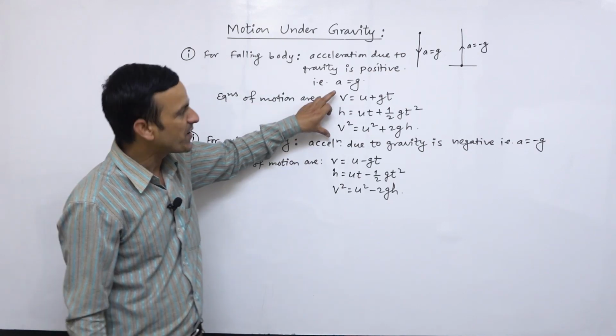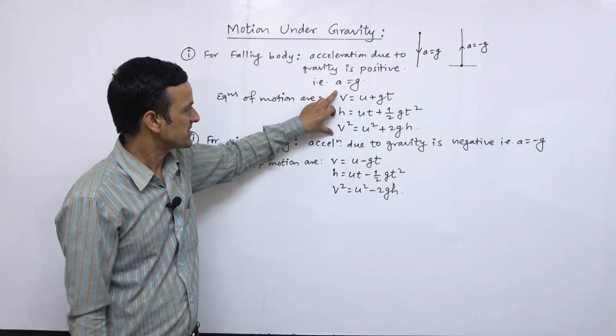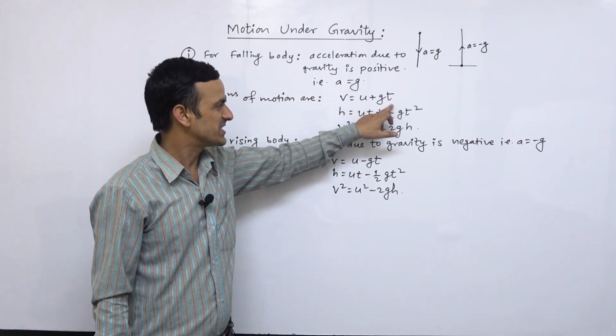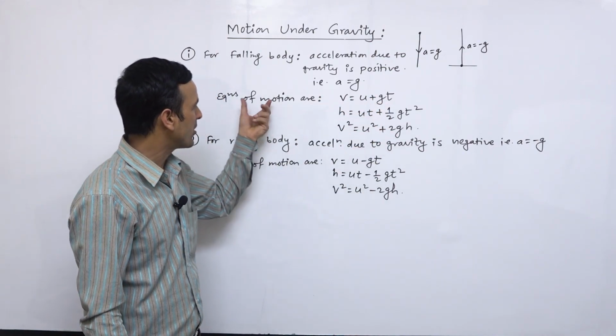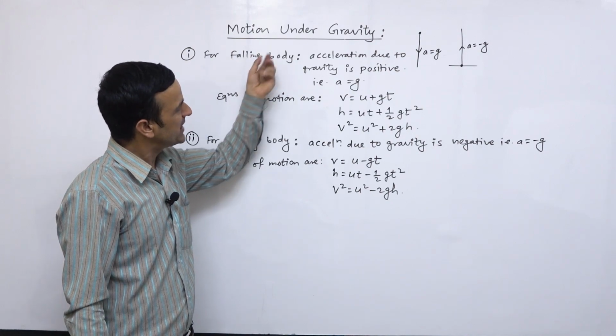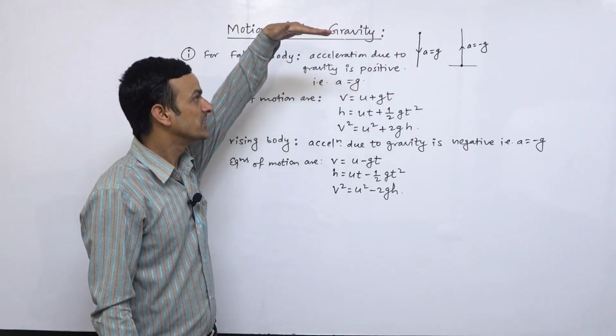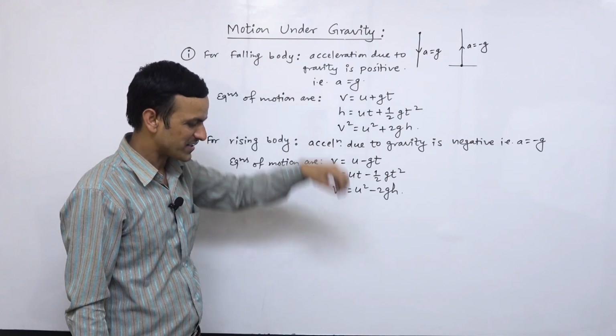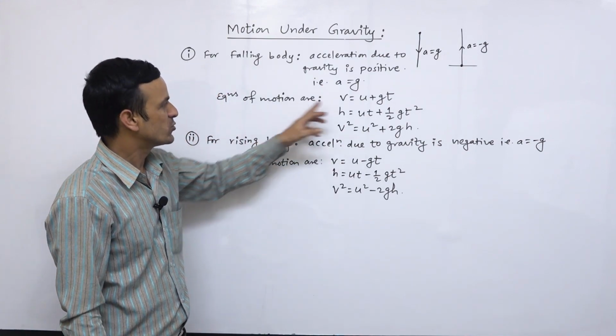So remember these formulas for the next questions. v = u + gt, here is the plus sign for a falling body. If any body is dropped from any height of the earth towards the earth, then it will be plus.